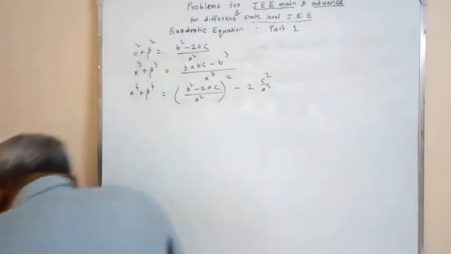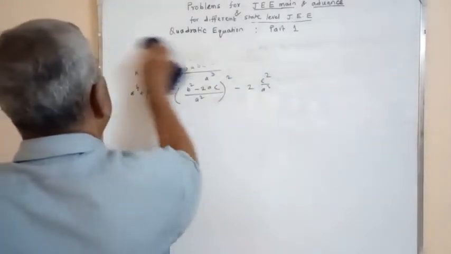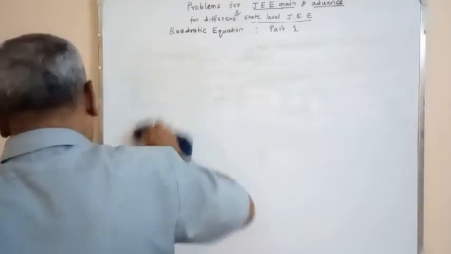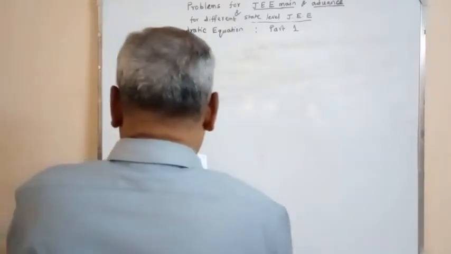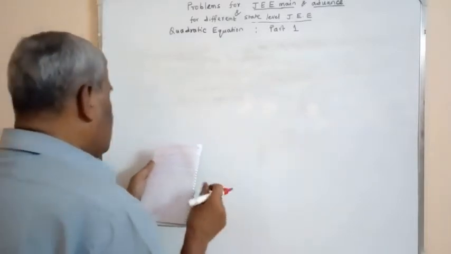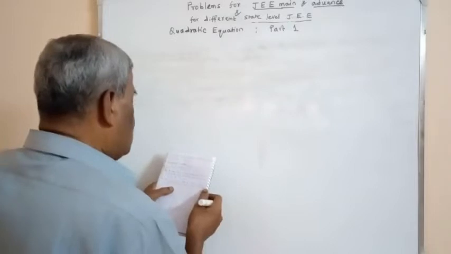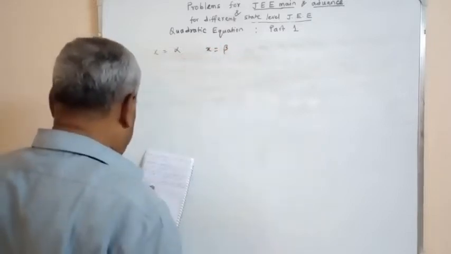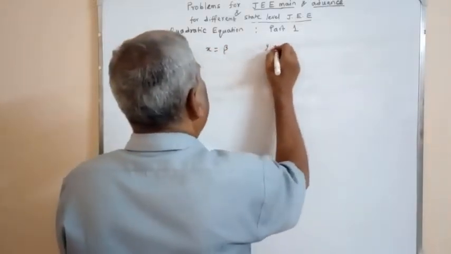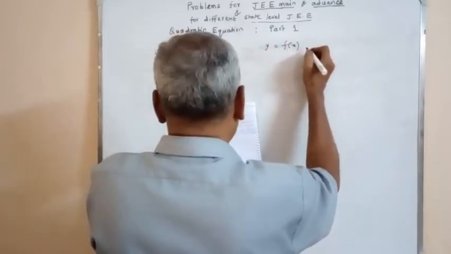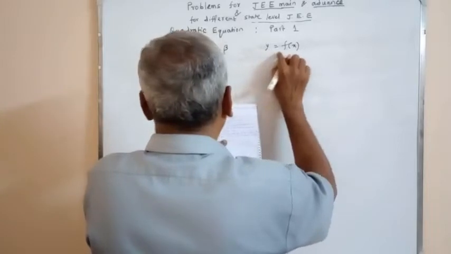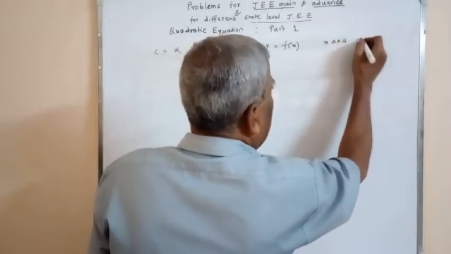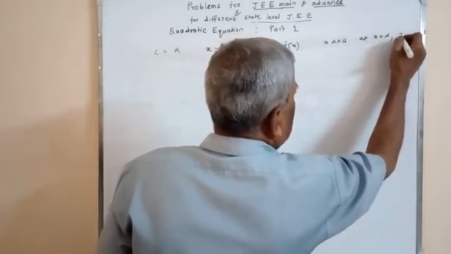Next, the equation f(x) is equal to 0 has real roots at x is equal to alpha and x is equal to beta if the curve y is equal to f(x) meets the x-axis at x is equal to alpha and x is equal to beta.